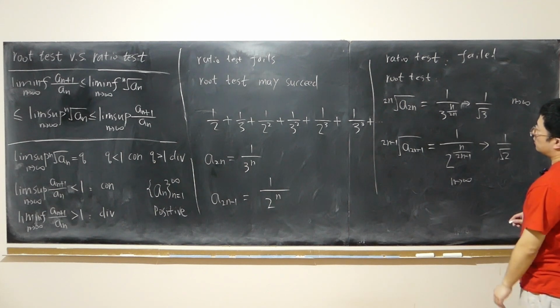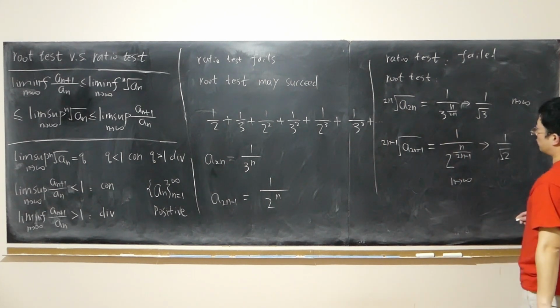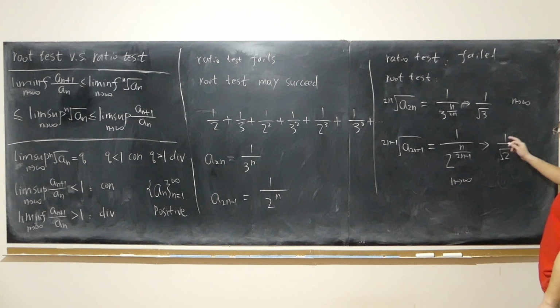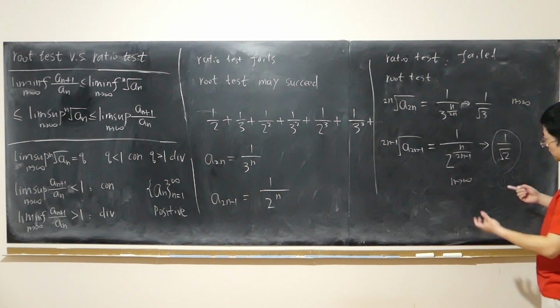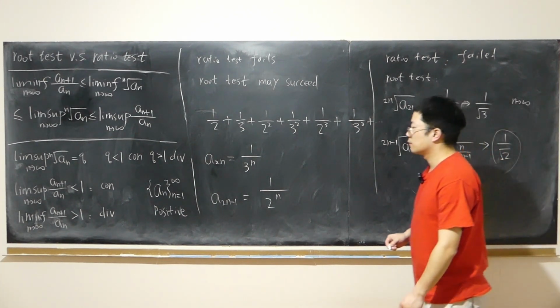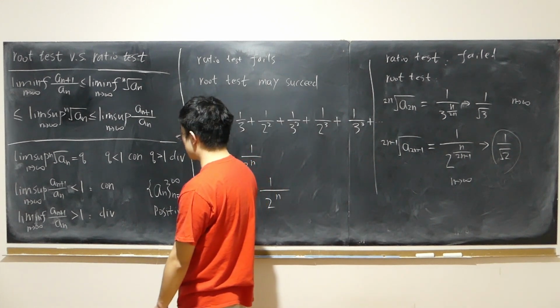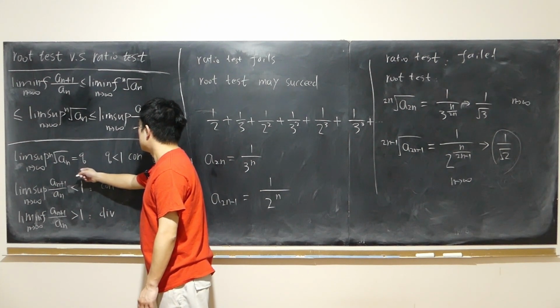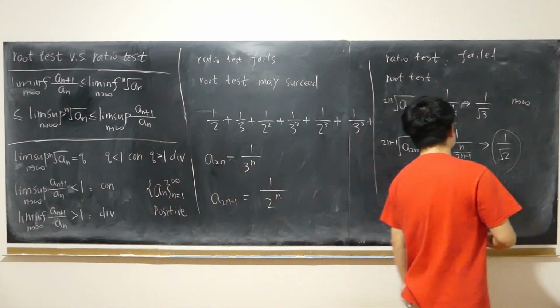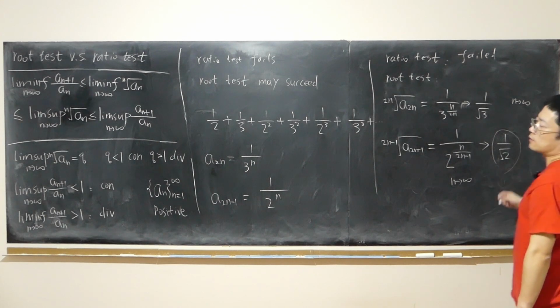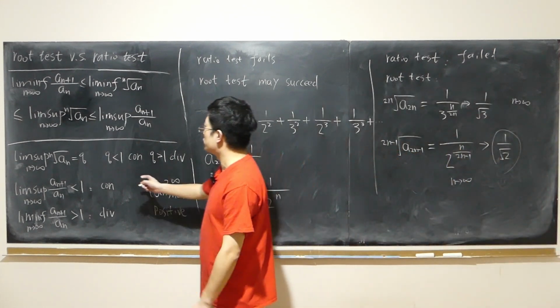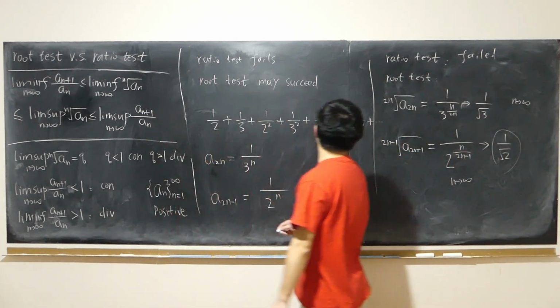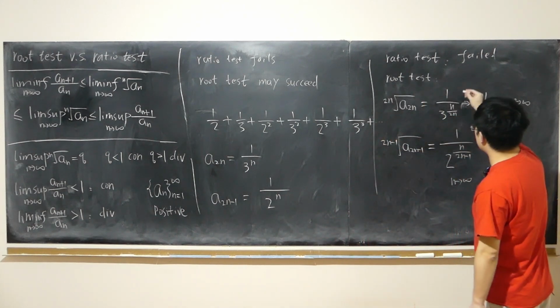But we only have two different limit points, so the biggest limit point is this one. That's the lim sup, meaning the biggest limit point. Is lim sup less than 1? Yes, it's less than 1. Then it's convergent.